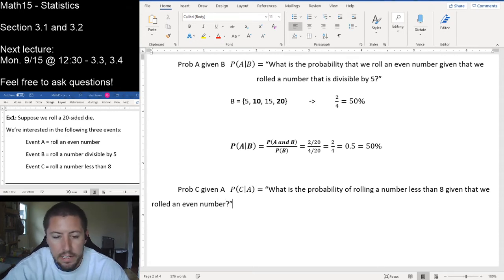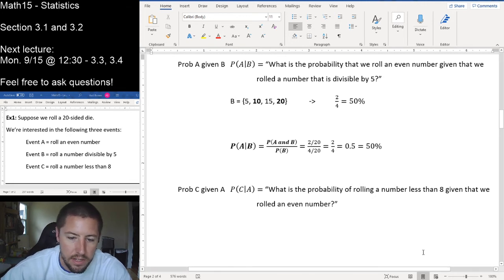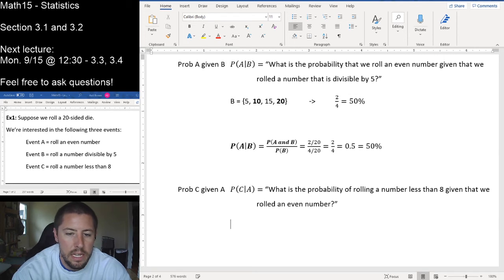The given is what's coming after the bar. The event of interest is the thing before the bar. So I want to know the probability of event C happening, but I'm restricting it to only knowing that we've already been guaranteed that event A has already happened. So what is the probability of getting a number less than 8 given that we rolled an even number?